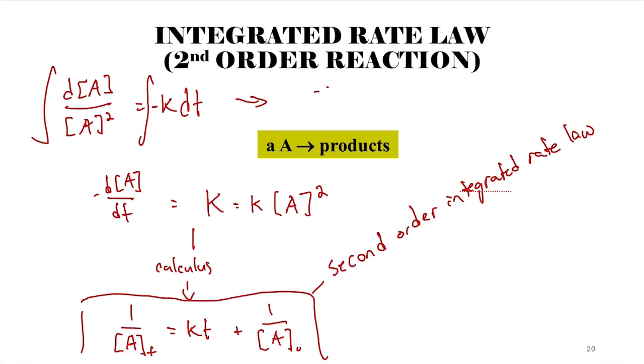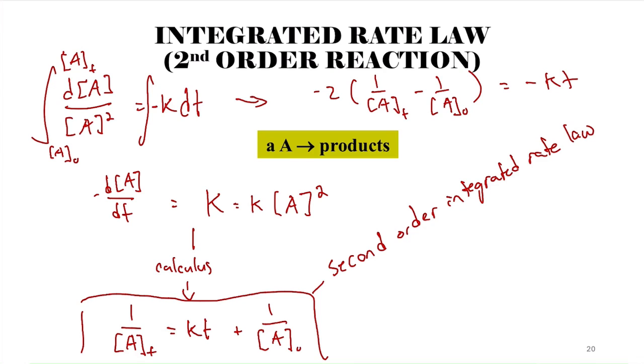So what this ends up going to is minus 1, 1 over A at time t minus 1 over A naught, if we're integrating it from the initial concentration to an arbitrary concentration at time t, equals minus kt. So those two negative signs are going to cancel out.